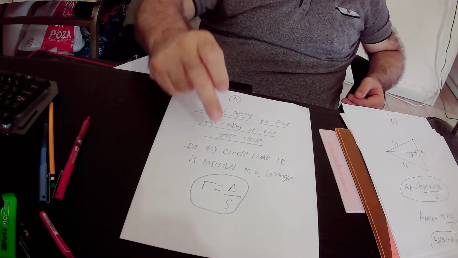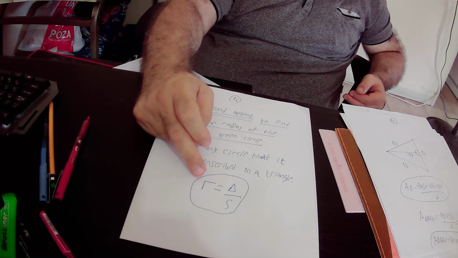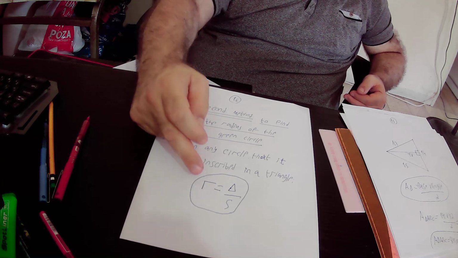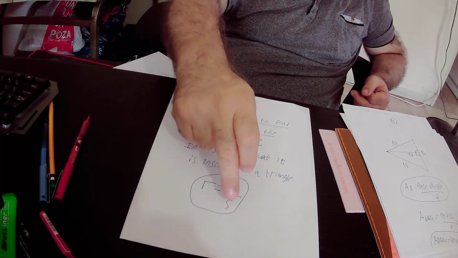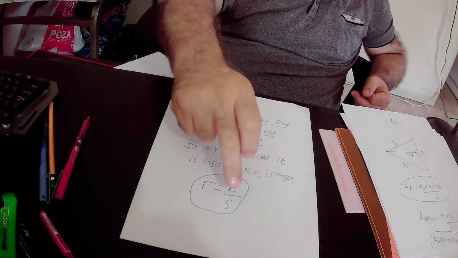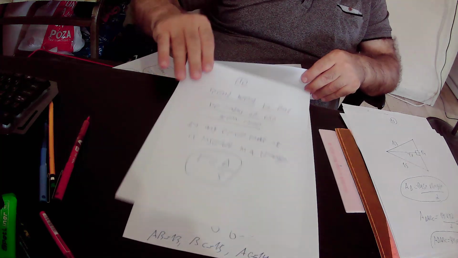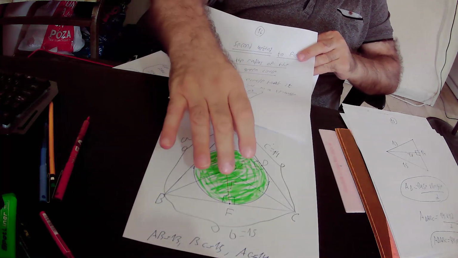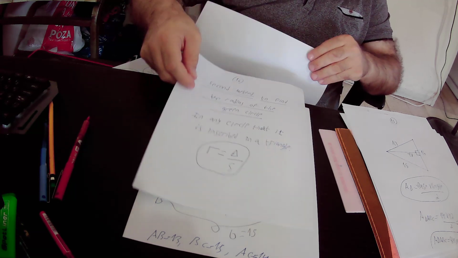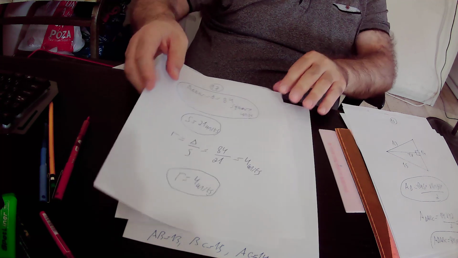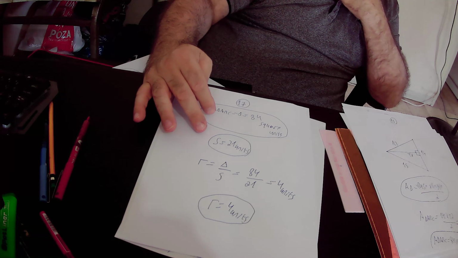The formula states that the radius of the circle inscribed inside the triangle equals the area of the triangle that contains the circle over the semi-perimeter of the triangle. We have already found that the area of triangle ABC equals 84 square units, and the semi-perimeter of triangle ABC equals 21 units.